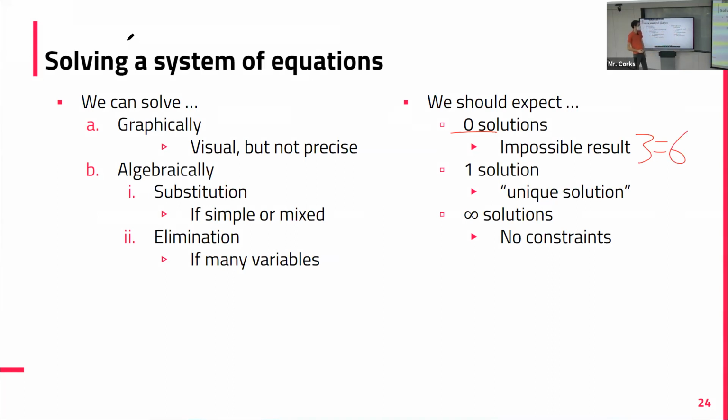Not possible, that means no solutions. 1 solution, you just get a solution for each of your variables. And then infinite solutions, you get to something where the variables disappear and you have no constraints. It could be like 1 equals 1 or 0 equals 0 or something.